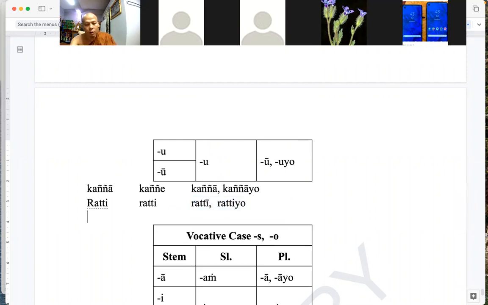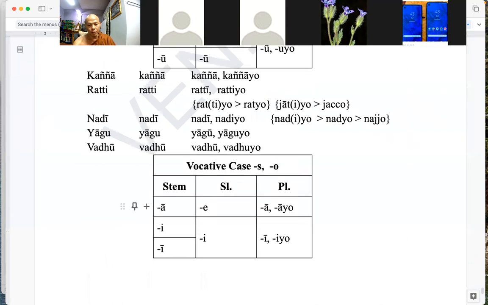And for nadi, E, but for vocative case, the E becomes short. So nadi, long becomes short. But the plural is exactly the same as the nominative case.